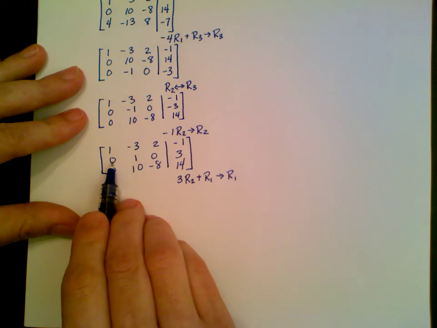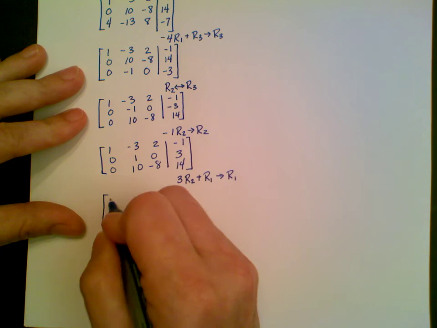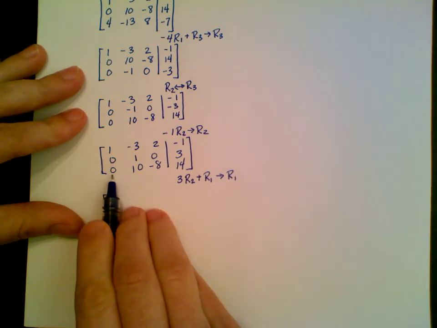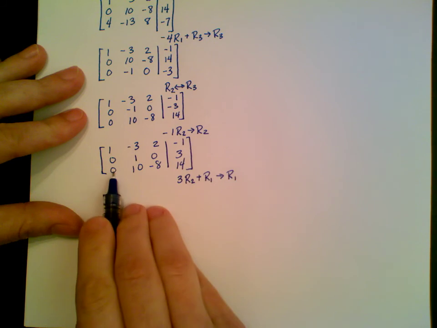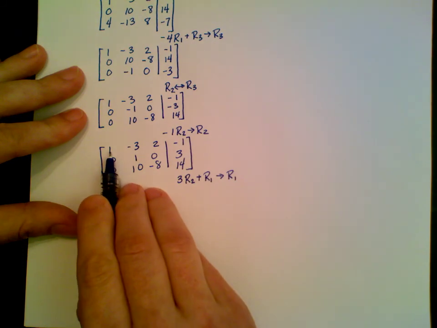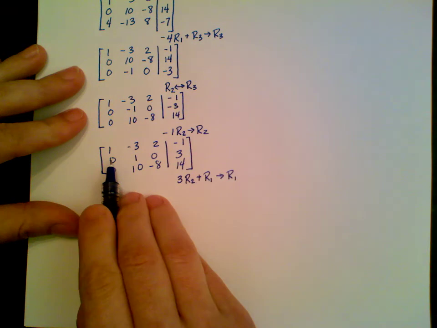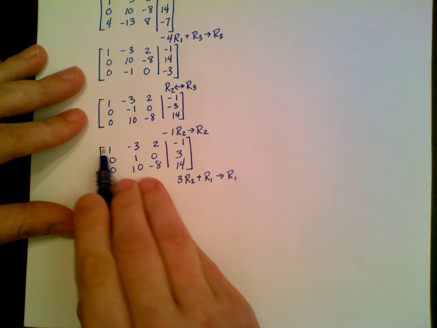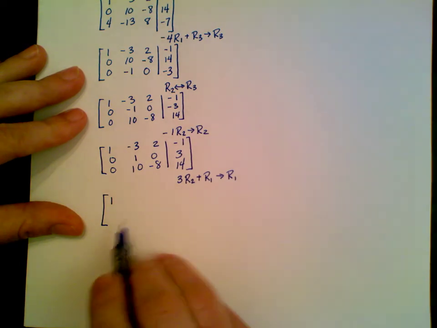So now 3 times 0 is 0 plus 1 is 1. That's one of the reasons it's really important to get your zeros in the same column right after getting your 1. That way, when you do another step like this, you're not going to mess up your existing 1 because you'll always be adding 0 to it.